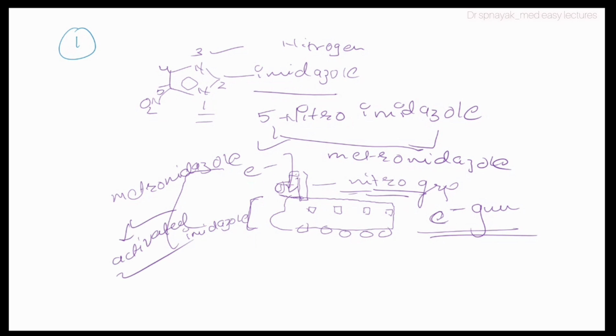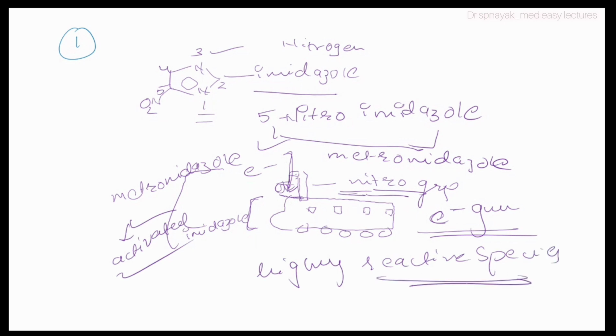When the nitro group is loaded with the electron, it becomes activated and forms a highly reactive species. As it forms a highly reactive species, it damages the DNA and the other cellular proteins.